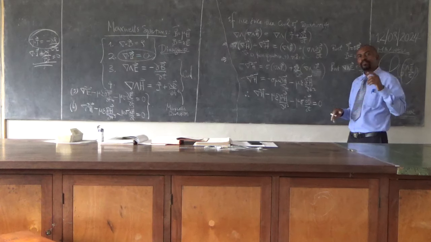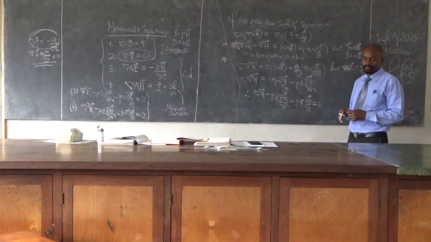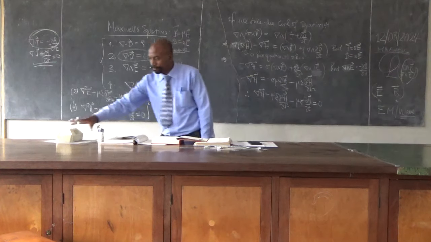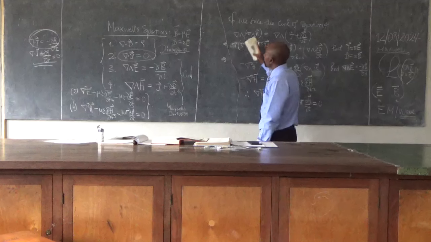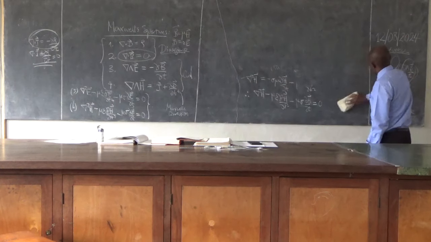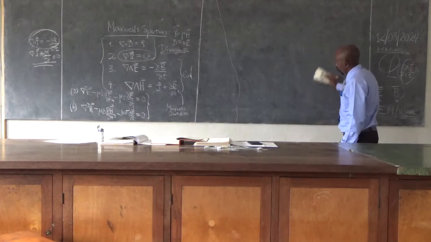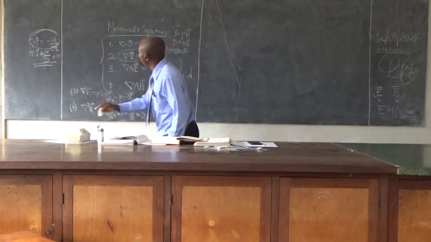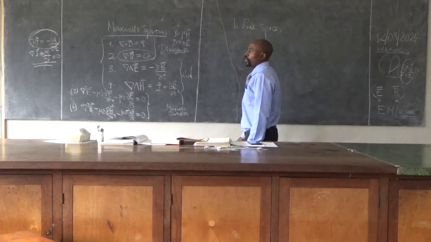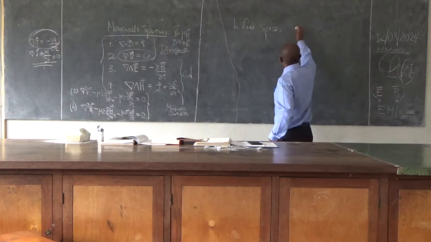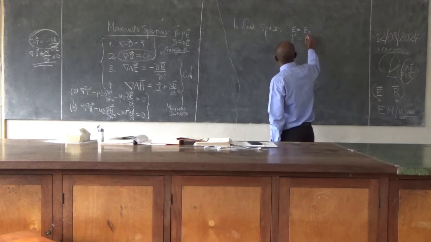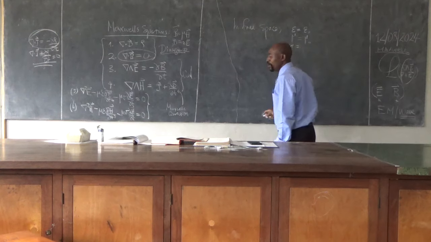Now, if we were to be in free space, so in free space, epsilon equals epsilon naught, mu equals mu naught, sigma equals 0.